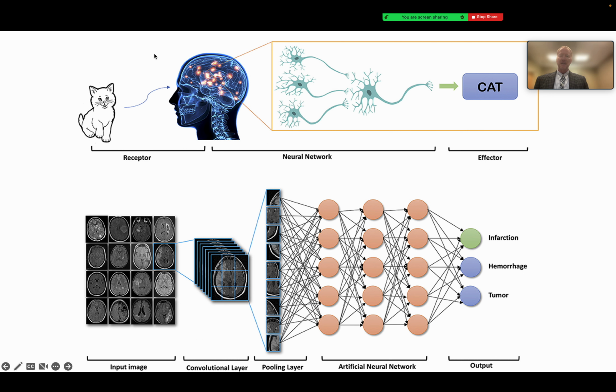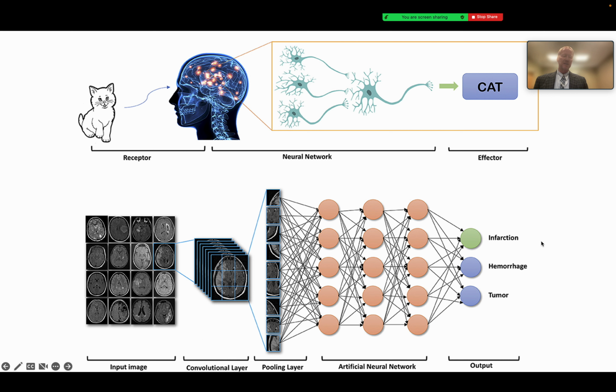We understand a little bit about how the human brain can perceive a cat and ultimately determine that in fact the thing we are looking at is a cat. Based on some rough models, we do the same thing with the computer, where we have a number of images and we feed it into a similar structure to what we think the brain operates, called a neural network, and from that we then ultimately can make decisions about what is in those images.